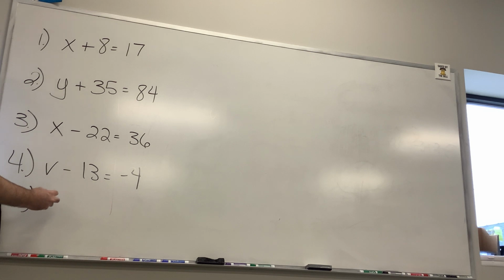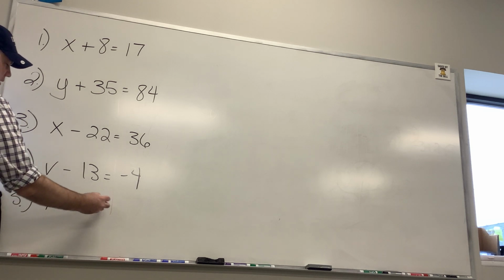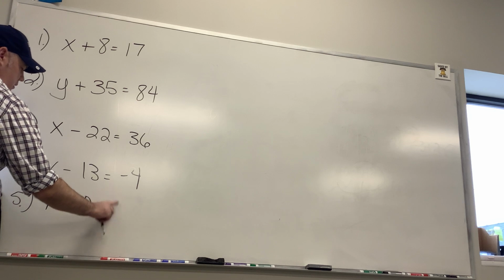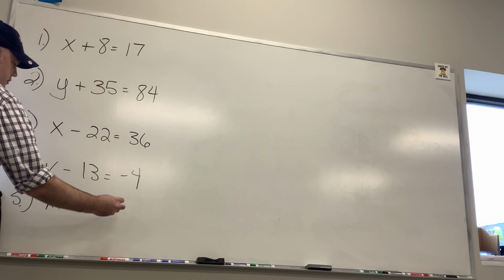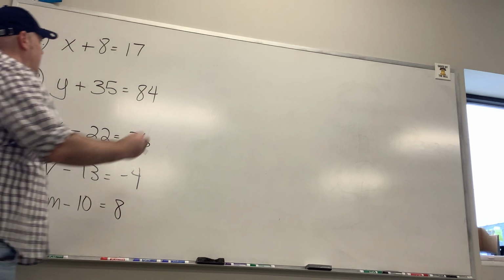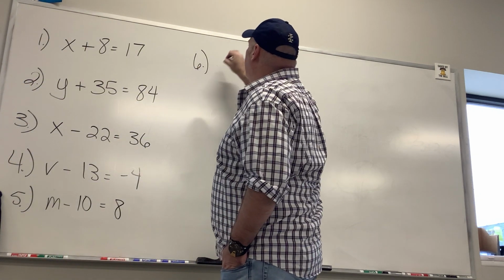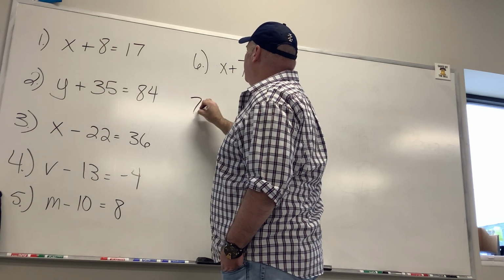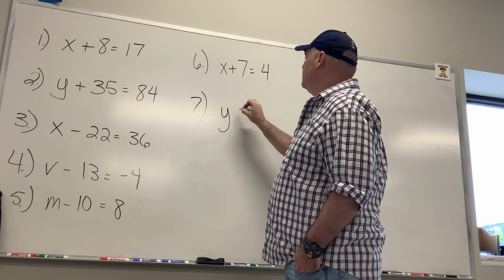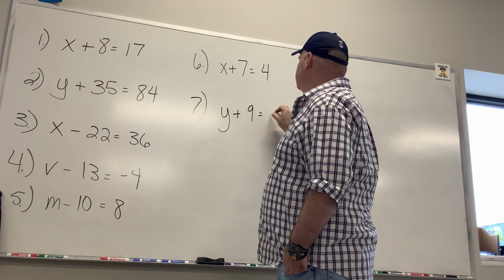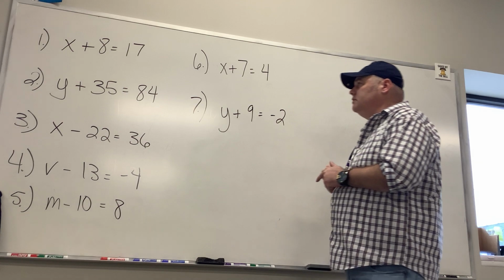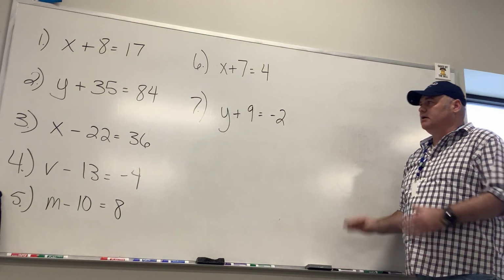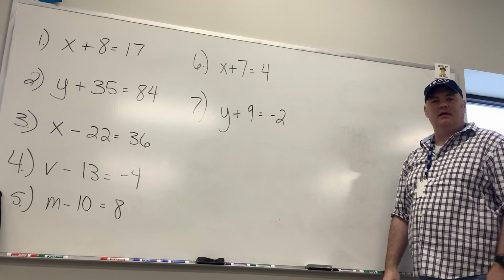Let's do m minus 10 equals, let's see, 8. And let's do x plus 7 equals 4. And y plus 9 equals -2. Okay, so little challenging ones there at the end. Give those a shot and see what you come up with, and we'll build from there.